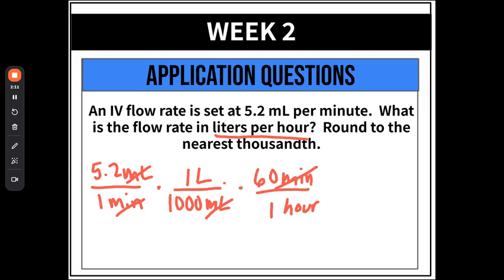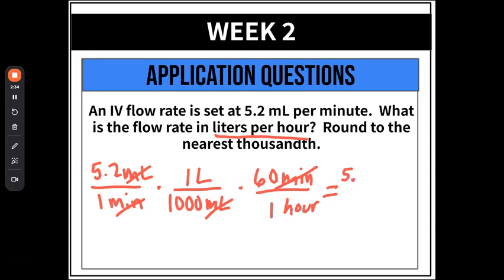Now I have liters over hours. So the only thing that remains is I need to multiply the numbers. So I have 5.2 times 1 times 60 on the top.